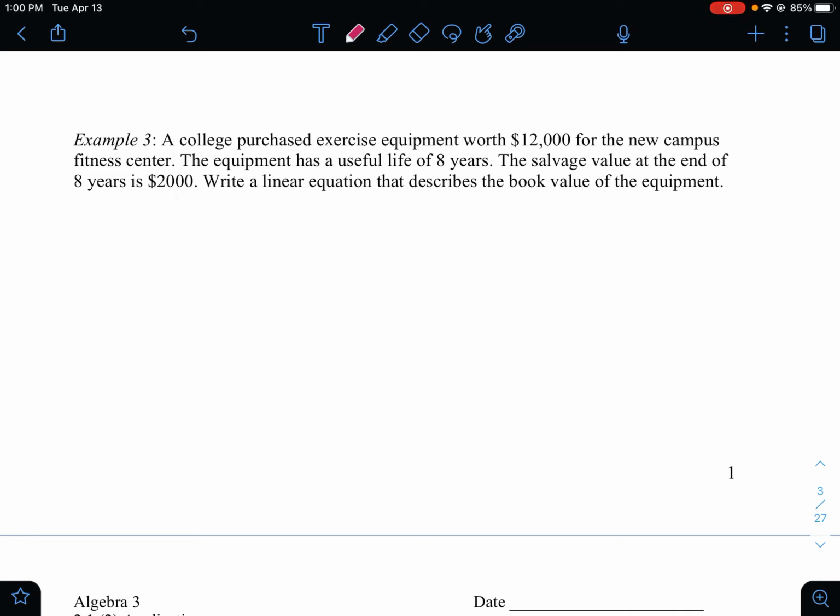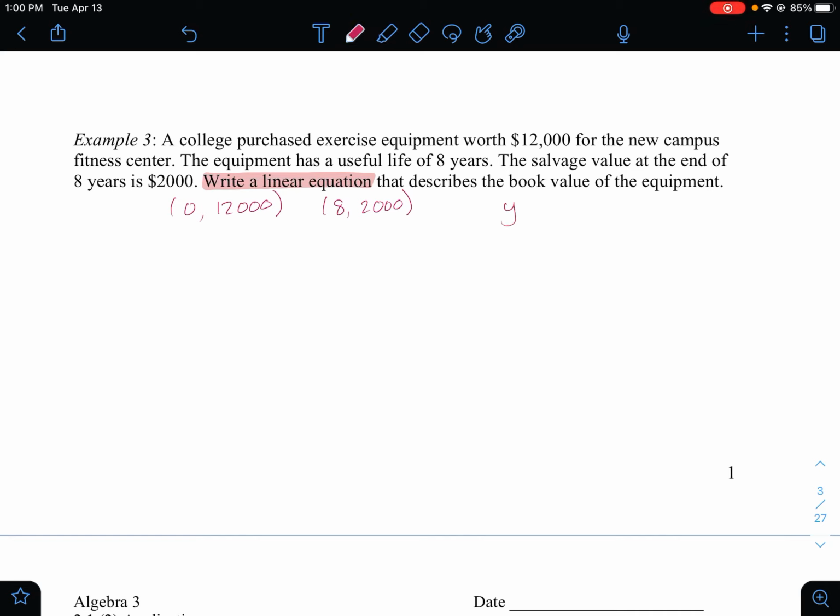So that's our starting point, so that's going to be (0, 12,000). And then it says the salvage value at the end of the 8 years. So after 8 years, it's only worth $2,000. So we have to write a linear equation.